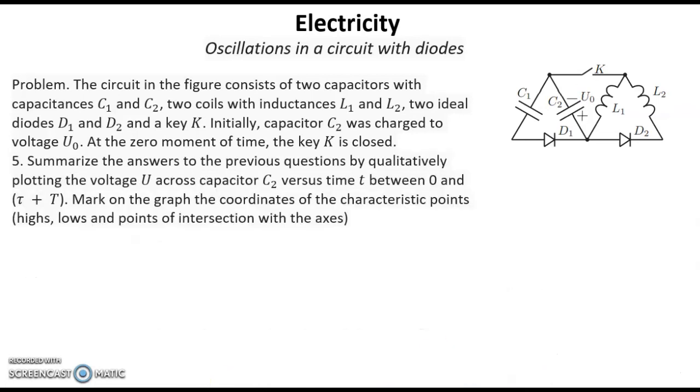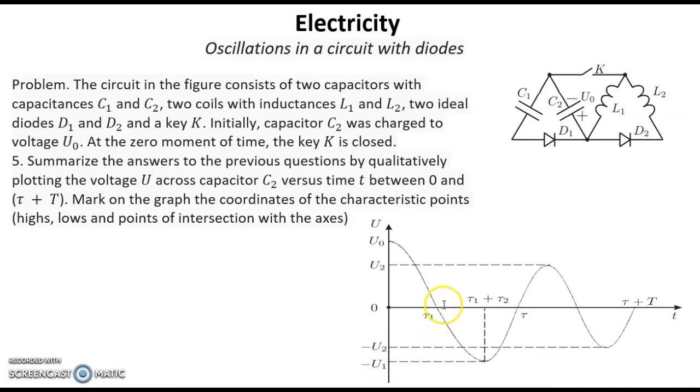And last question. Summarize the answers to the previous questions by qualitatively plotting the voltage U across capacitor C2 versus time t between 0 and tau plus T. Mark on the graph the coordinates of the characteristic points, highs, lows, and the points of intersection with the axis.